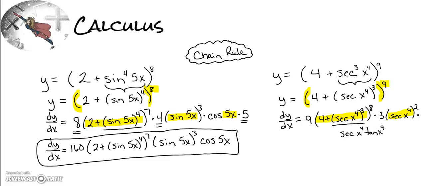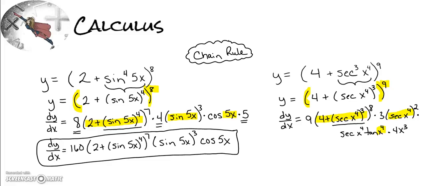You have to keep writing the x to the fourth with both of those because it's the inside function. And just like everything else, we cannot change the inside function. But x to the fourth is the last inside function, the innermost, so then we multiply by its derivative, which is 4x to the third.